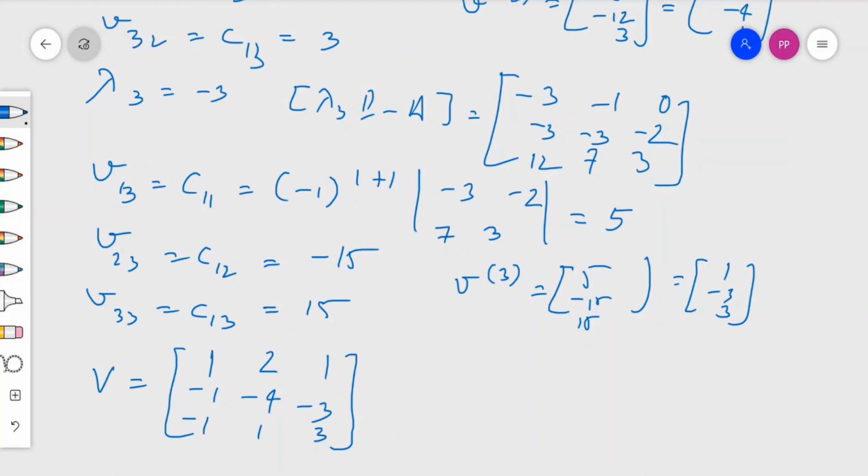But here I mean to say that this matrix V is very useful in linear algebra, especially for decomposition of matrices, so that we can find the diagonal form of the matrix, as well as it helps us in getting the inverse of the matrix.